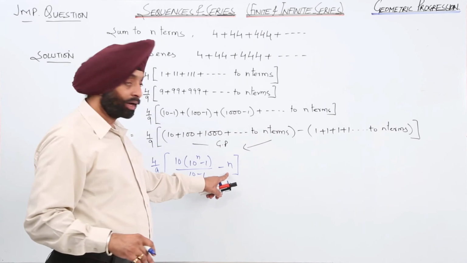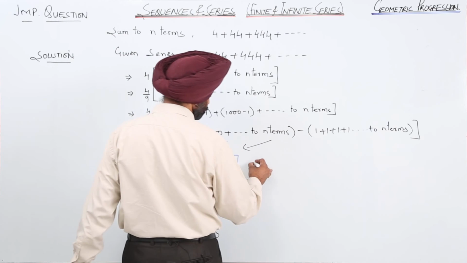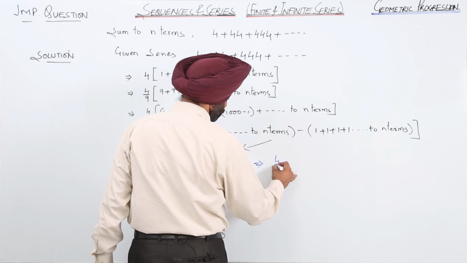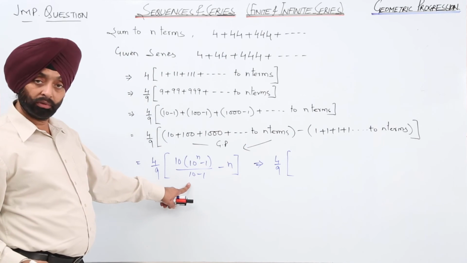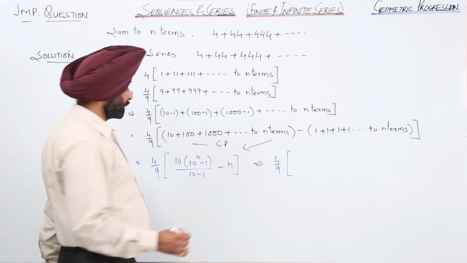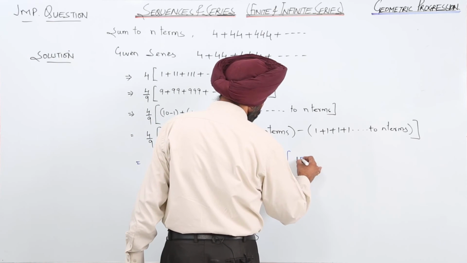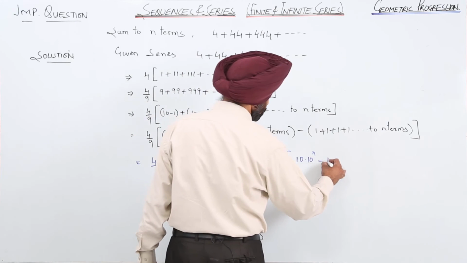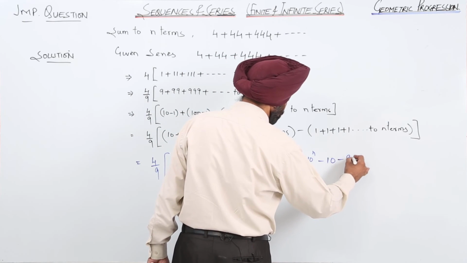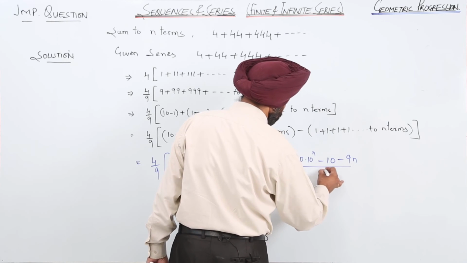So I am writing only n here. Now this becomes 4 upon 9. Now just taking the LCM, 10 minus 1 is 9. So we have 10 times 10 raised to power n minus 10 minus 9n, divided by 9.